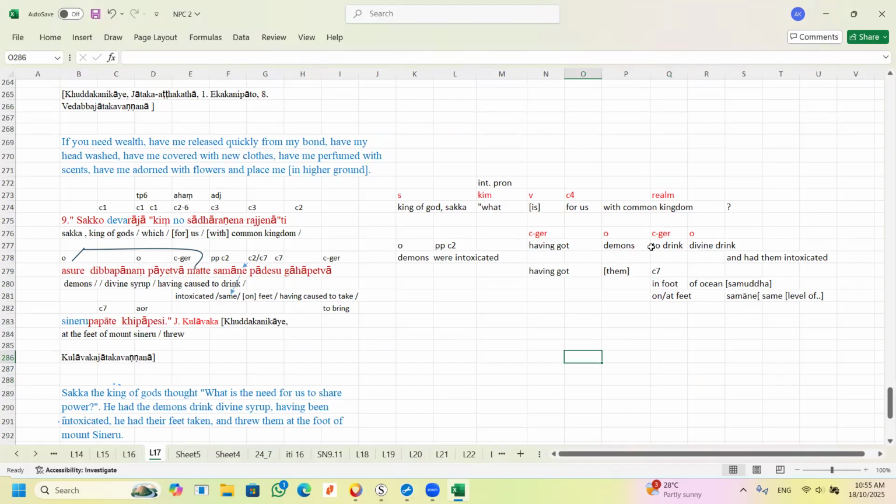So what I do, I smart Alex, I take the word samuda. Samuda means ocean. So I say "at the foot of the ocean". So if I want to translate, I put it like that. I put "at the foot of the ocean". This one I cannot figure out. Okay, you get what I mean?